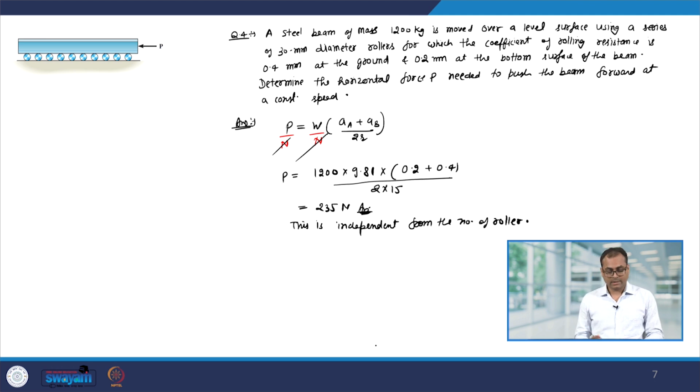Now, let us look at an example where the roller has mass.